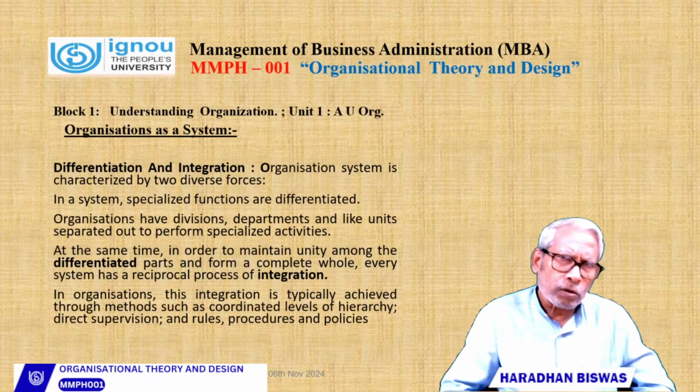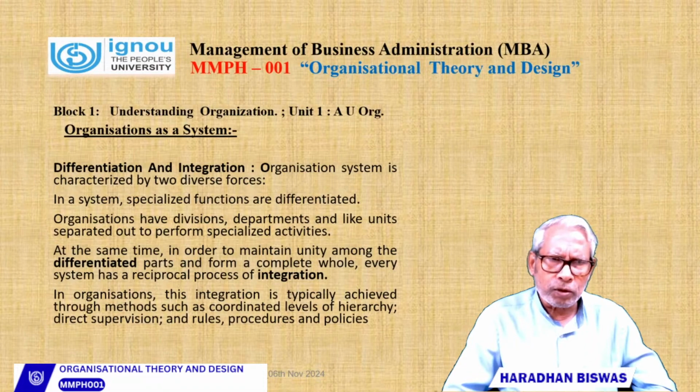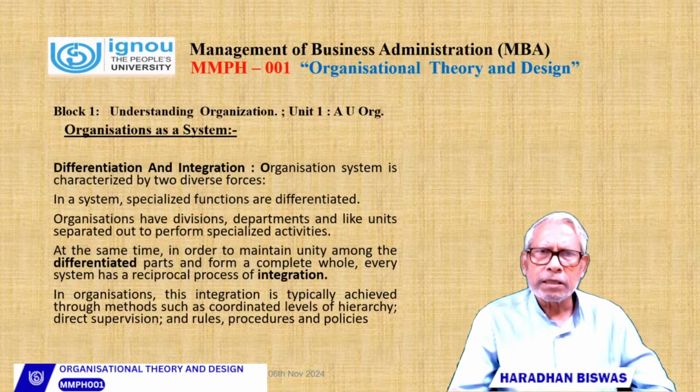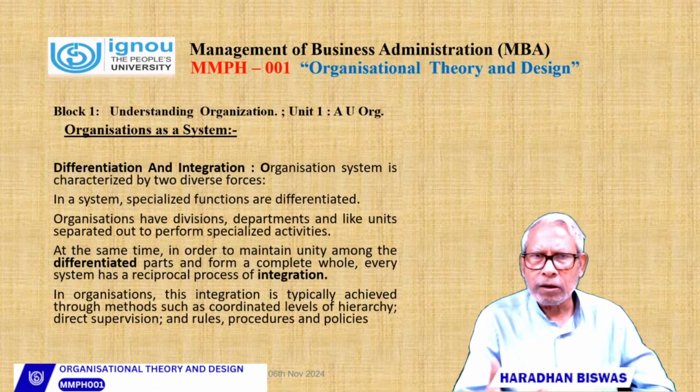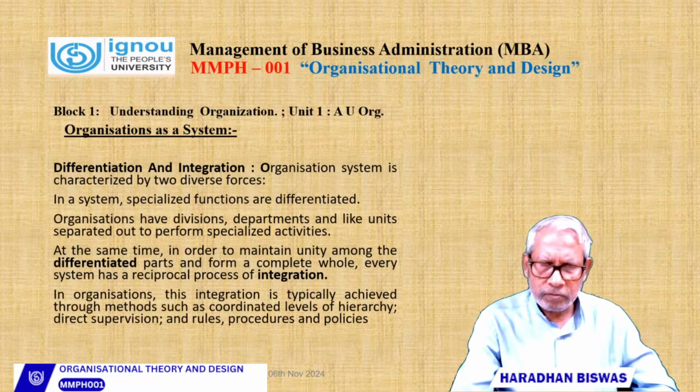So accordingly, all these things are coordinated. And this is the way the functions are going on. This is the part of integration, where in an integrated manner, all the policies and procedures are being fulfilled or not.